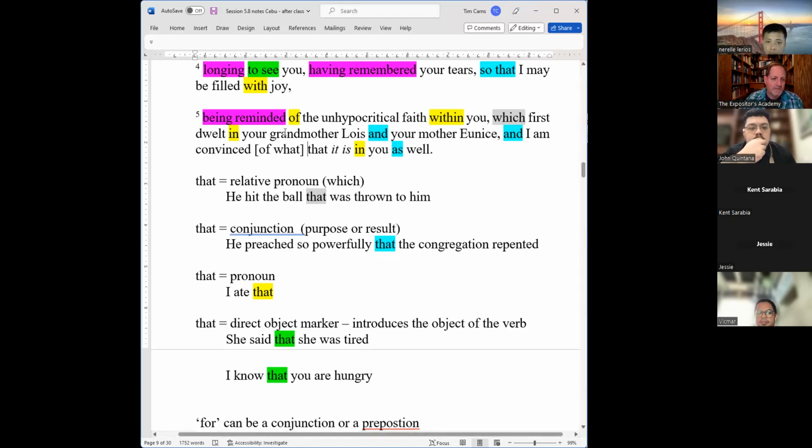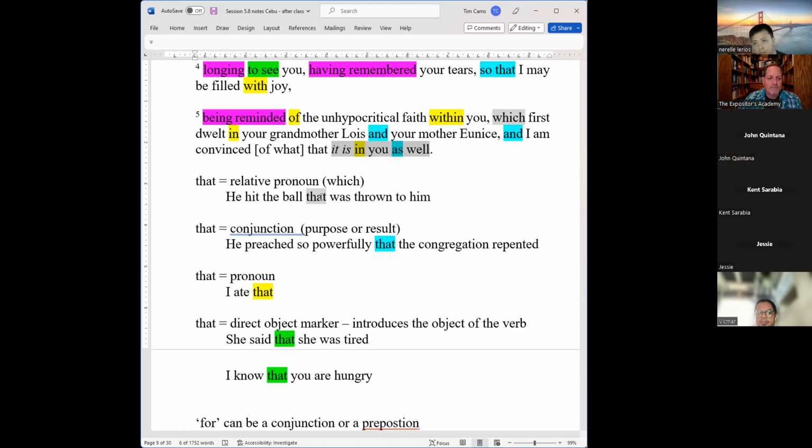So it's introducing this as the object of "convinced." It's just used with certain words: I know that, she said that, I am happy that, I'm convinced that. Those are all examples where the sentence is not complete until you fill in: I'm convinced of what? I am happy about what? She said what?